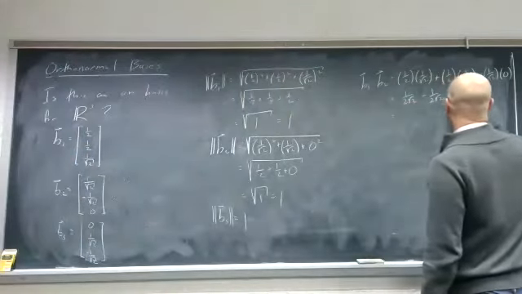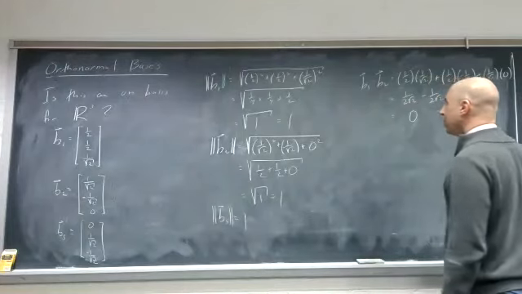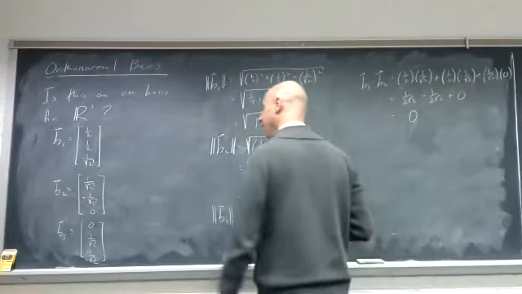That equals 0 plus 0, which is 0. So B1 and B2 are perpendicular.